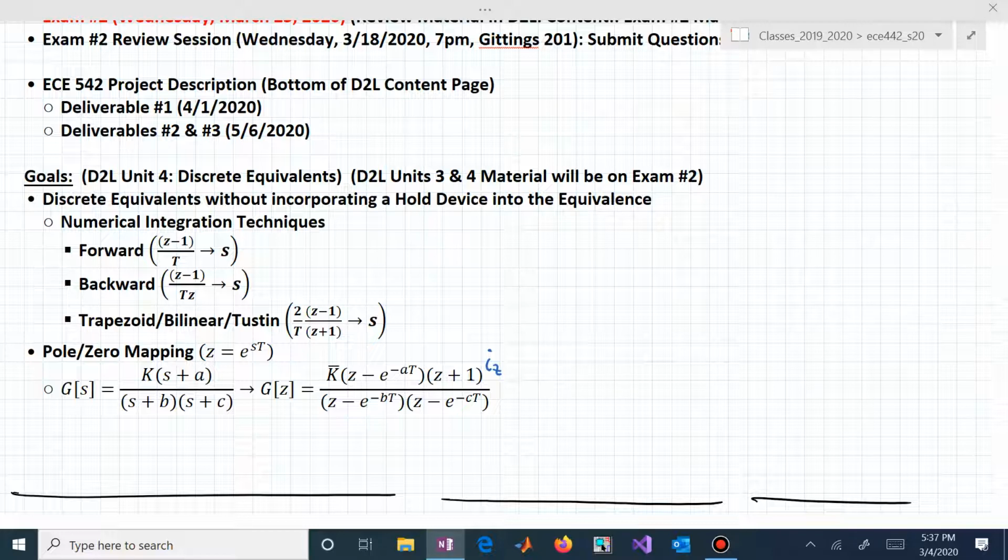And what you will see in the homework is that factor may be z plus 1 raised to the I sub z, where I sub z is the number of infinite zeros, and we'll talk about that today, or it could be I sub z minus 1 if you did this pole zero mapping or matching in MATLAB.